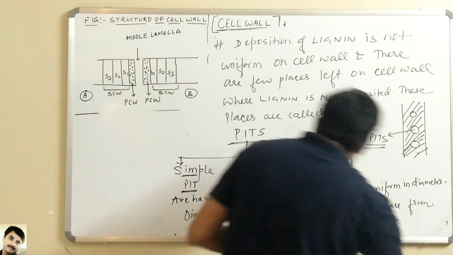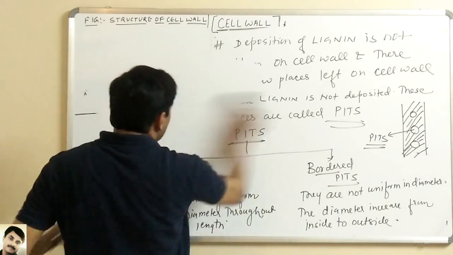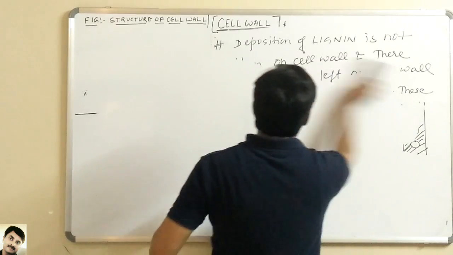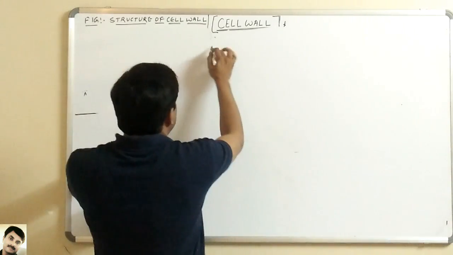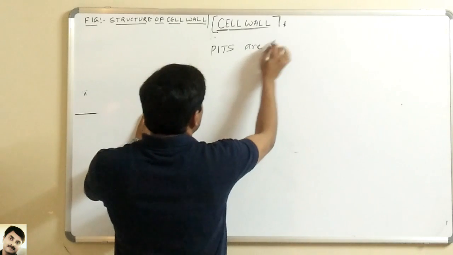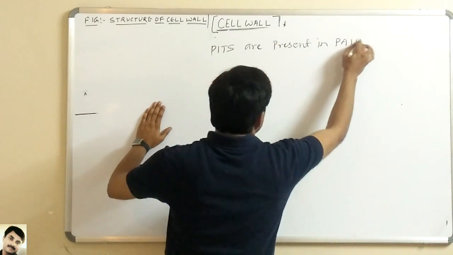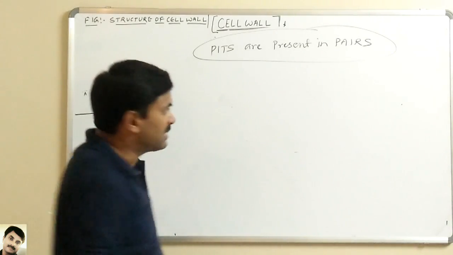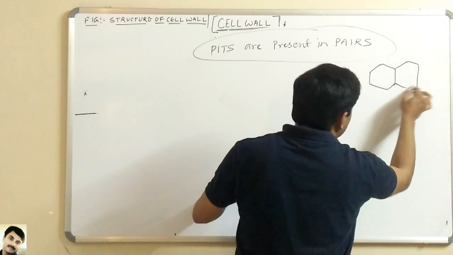Now have a look at the details of these pits. First of all, you must know that pits are always present in pairs. This point is to be remembered: pits are always present in pairs. Say this is one cell and this is another cell.